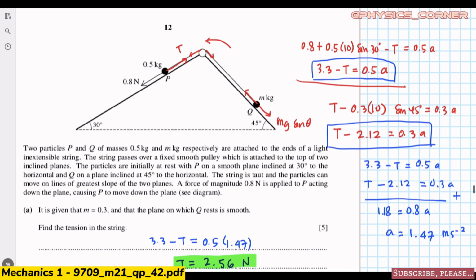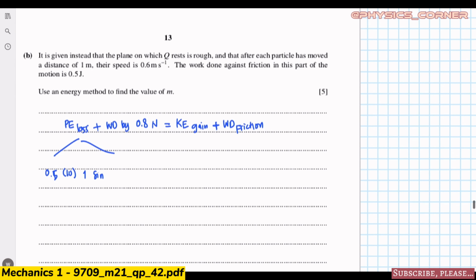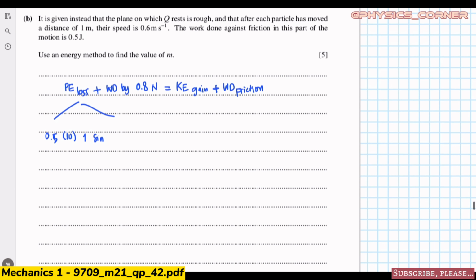So the height after 1 meter is 1 meter times sine 30, then minus mg, mass m times g, times 1 meter times sine 45 degrees.